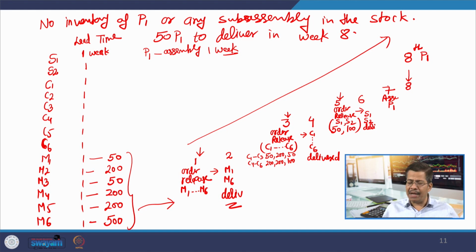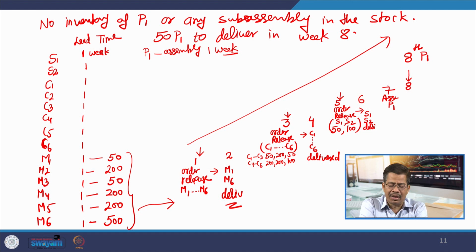We have the time dimension: if we release all the orders in the beginning, it will create a huge problem, because it will create extra inventory in the system, and at the same time it will become difficult to achieve the timelines if we are not releasing the orders at the appropriate time.